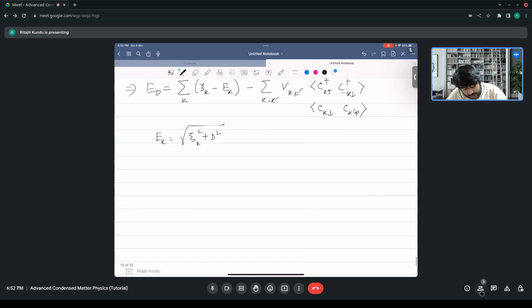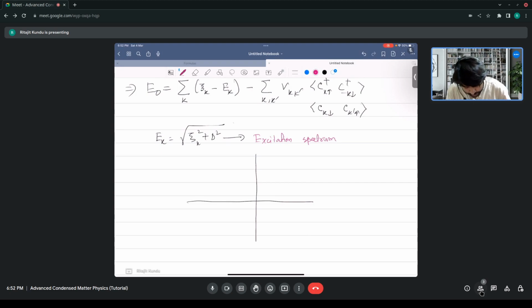So you can plot this. How does it look? These E_k are precisely the excitation energies. So this is precisely the excitation spectrum.